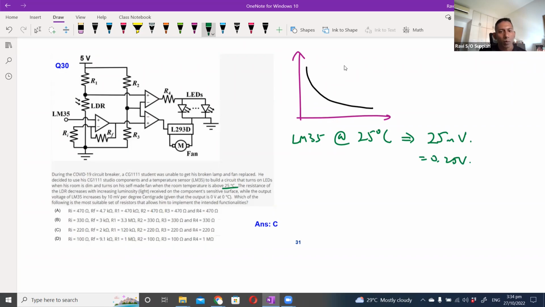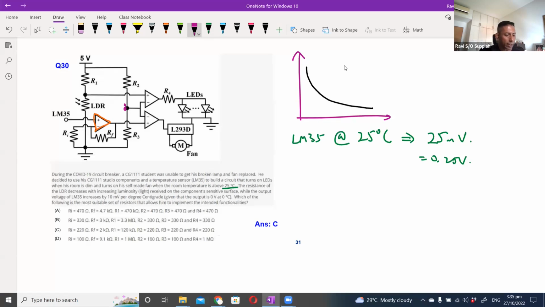For this 0.25 volt, I am going to amplify it through this first op-amp to provide the voltage necessary to compare with a reference point here. So this is going to be a reference point.